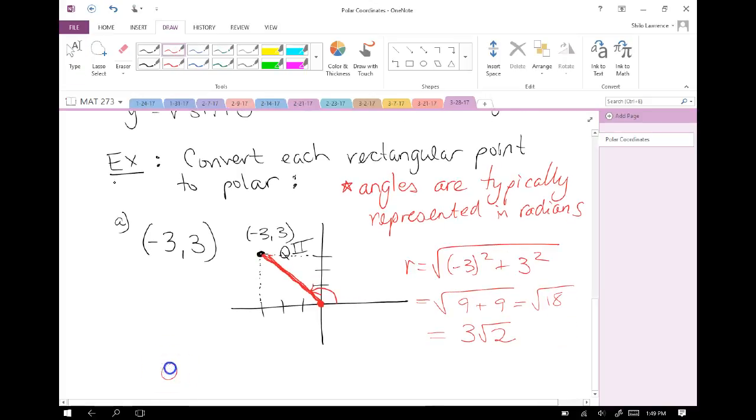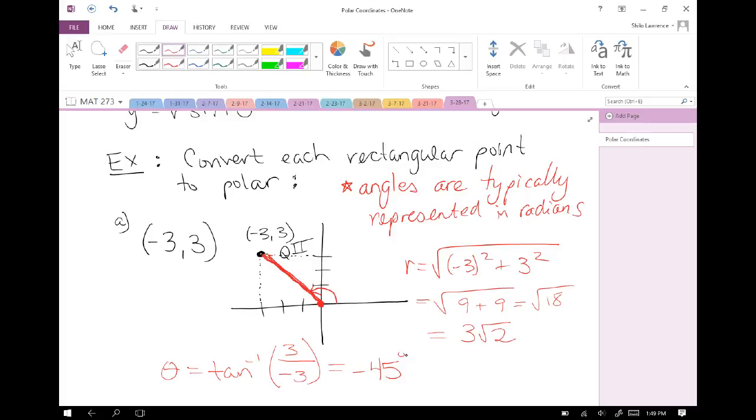And then for theta, we do tan inverse of the y over the x, which ends up being tan inverse of negative 1. I would keep your calculator in degrees because you'll get an exact answer in degrees. If you put it in radians, you'll get a crazy decimal. In degrees, you should get negative 45.